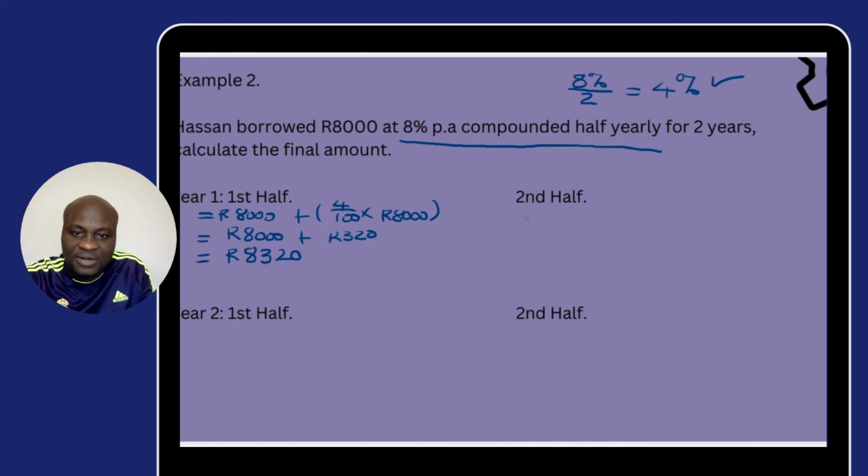And when we are done with this, we take our current balance. It becomes our initial amount for the second half, which is 8,320 plus, again, 4 over 100 multiplied by 8,320.